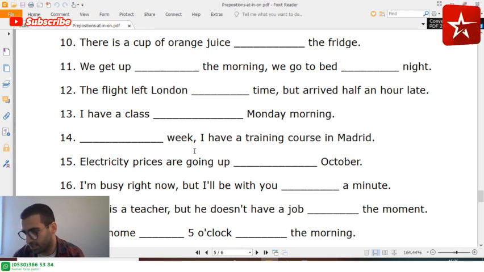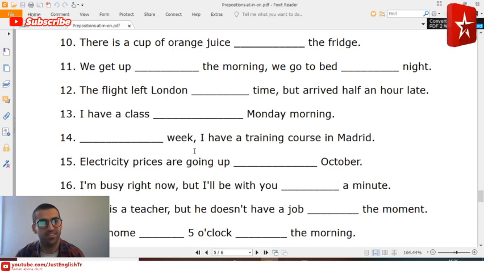Nine students wrote the correct answer. I am waiting for the 10th. So can you tell me which one we can use for number 13? Yes, number 13, I have a class in the morning.